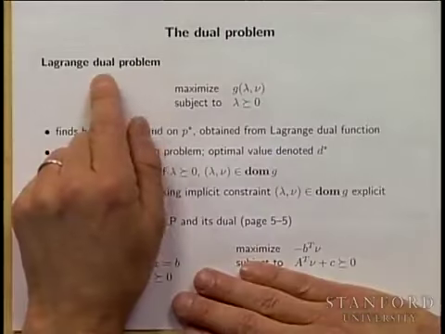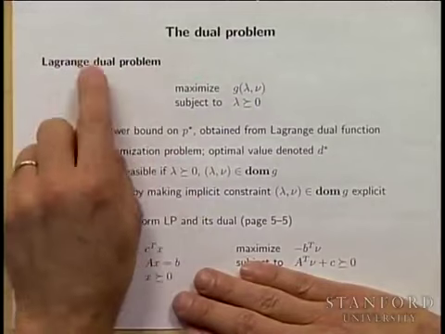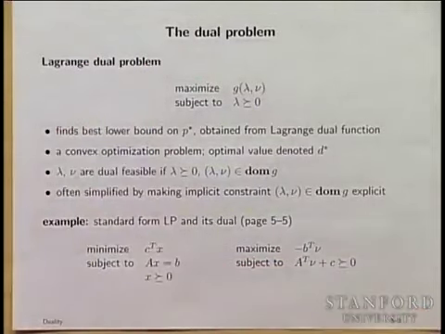Now I want to point something out. This is always a convex optimization problem, no matter what the primal problem was. Oh, by the way, this is called the Lagrange dual. Sometimes it's just shortened to the dual problem. In fact, people say the dual problem the same way we say the optimal point, even in situations where we don't know, in fact, that there's an optimal point.